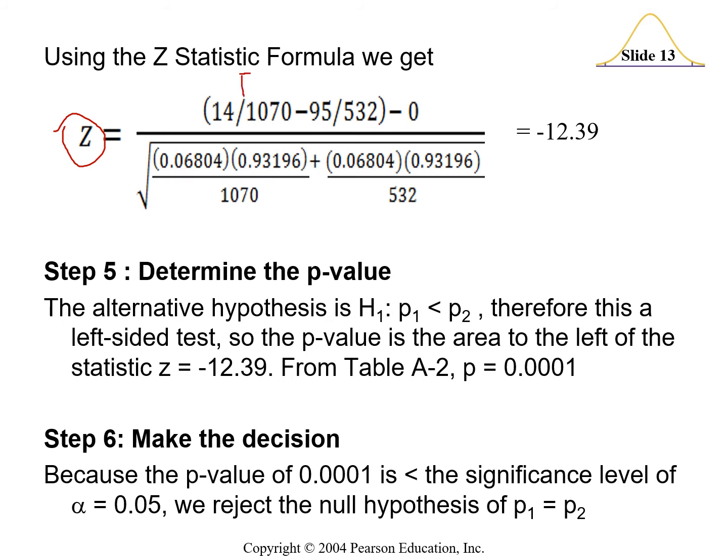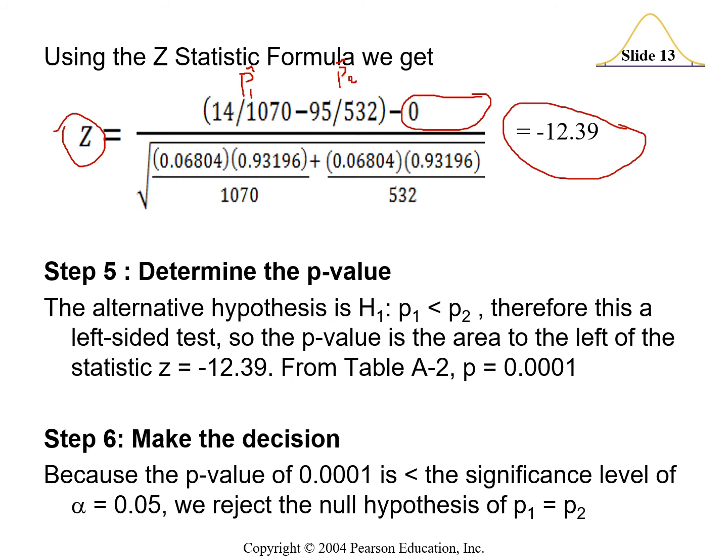This is p hat 1, which is x1 over n1, minus p hat 2, which is x2 over n2, minus 0. Ignore P1 minus P2, divided by the square root of p bar q bar over n1 plus p bar q bar over n2. The final answer is minus 12.39.